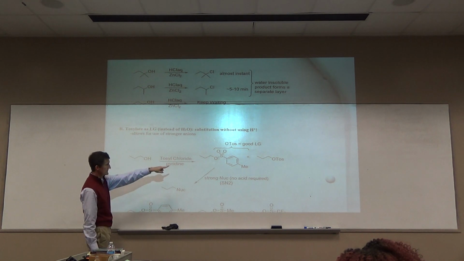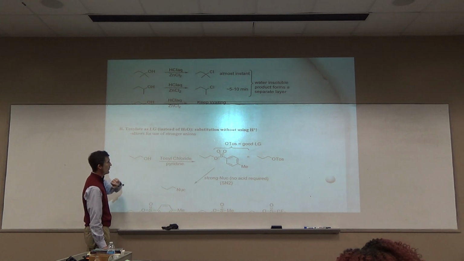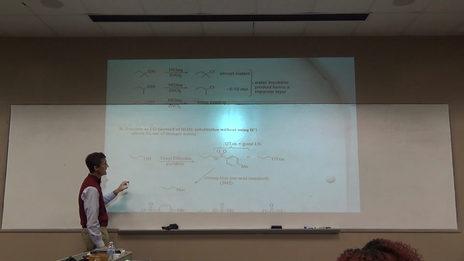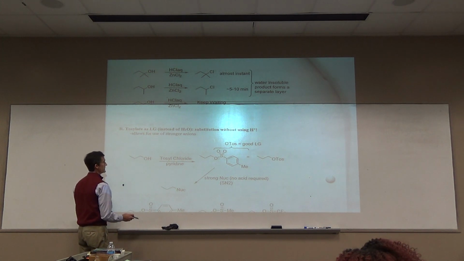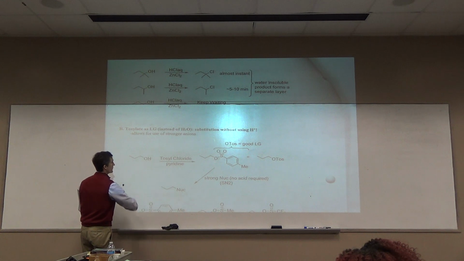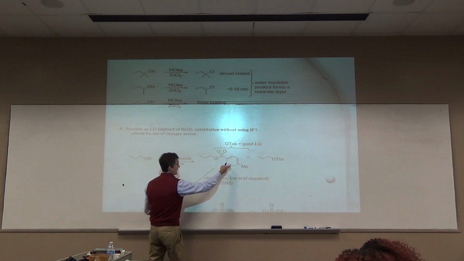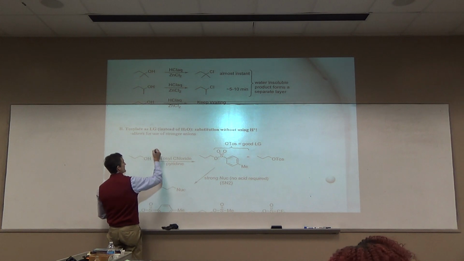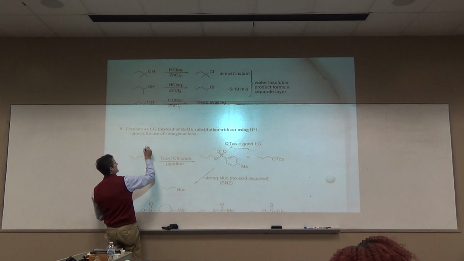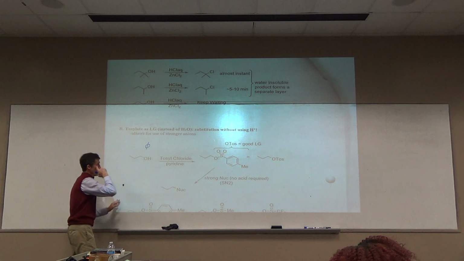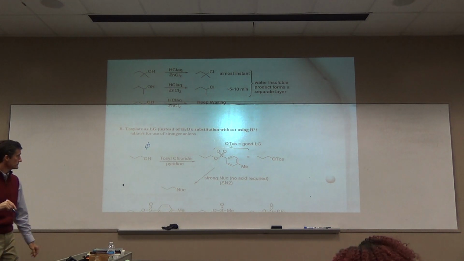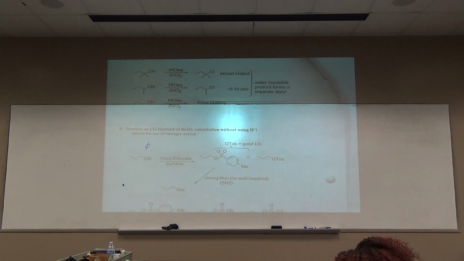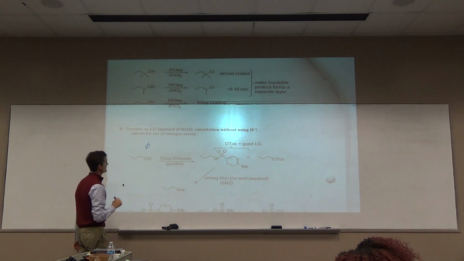Okay, how do you make tosylates? In organic 1, I just said, okay, you can do this reaction. But let's look at this mechanism here in organic 2, tosyl chloride. This is an aromatic ring with a substituent. Regardless, we can sometimes designate an aromatic ring with a symbol like V or something.